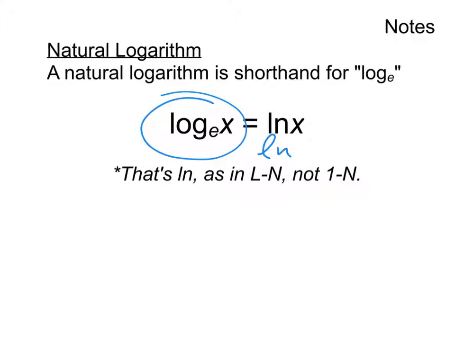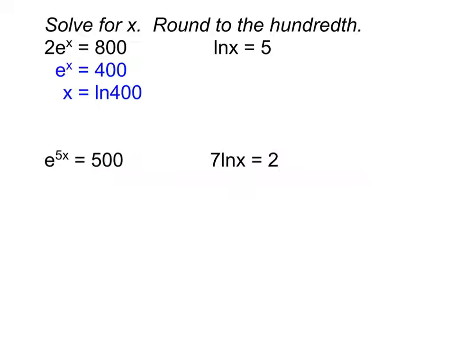So now let's go back to that problem we were just looking at, but notice how the work has changed. Instead of x equals log base e of 400, I'm now going to write x equals ln 400. That is the natural logarithm of 400. To calculate this value, you just go to your calculator and input the natural log of 400.